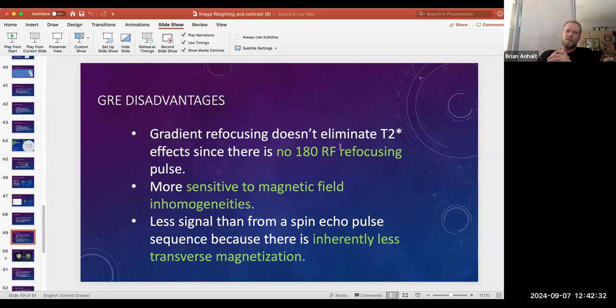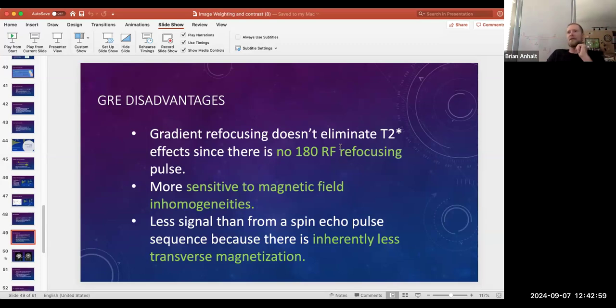Therefore, the contrast is going to be called something different, but it's also much more sensitive to magnetic field inhomogeneities. Because what was T2 star? T2 star was dephasing from susceptibilities and inhomogeneities. So if we're not using a 180-degree focusing pulse, we're going to have susceptibilities and inhomogeneities affecting the image quality much, much greater.